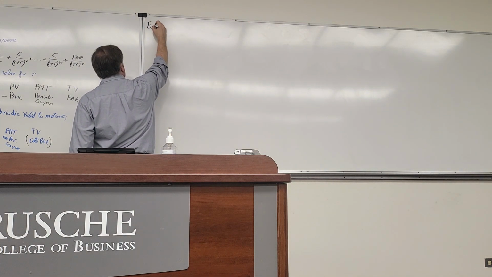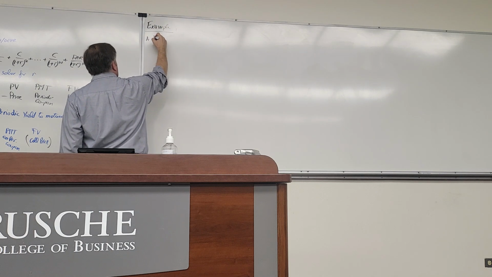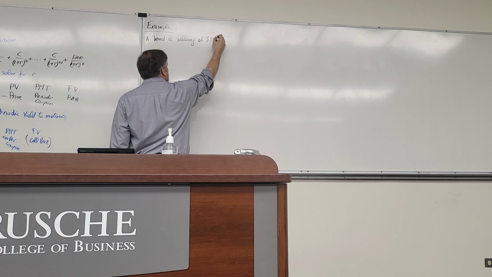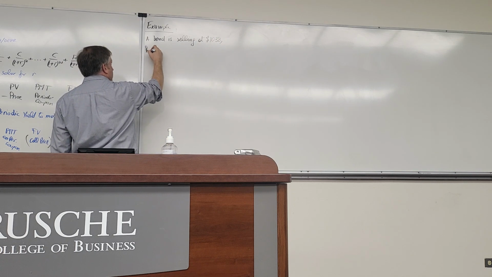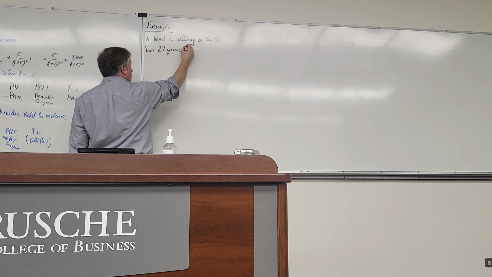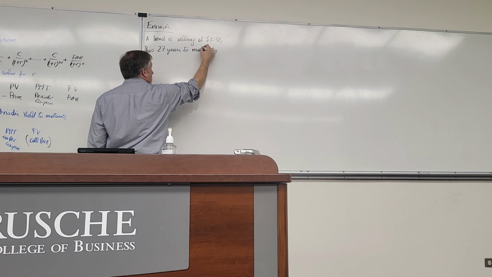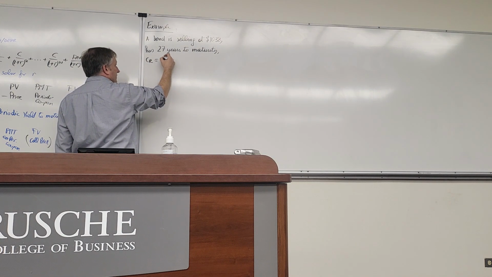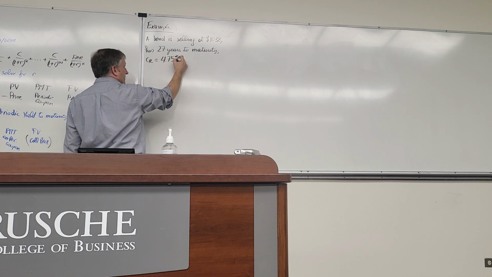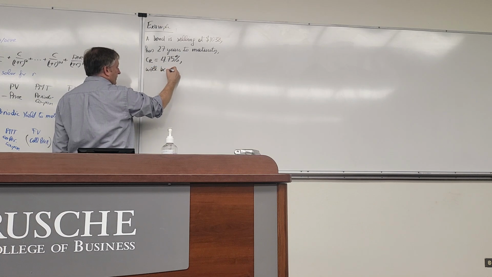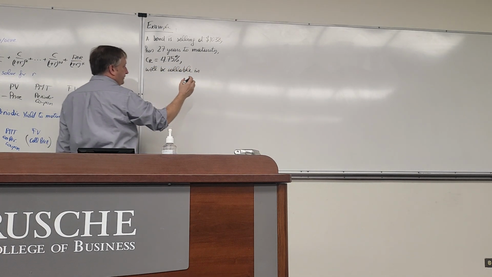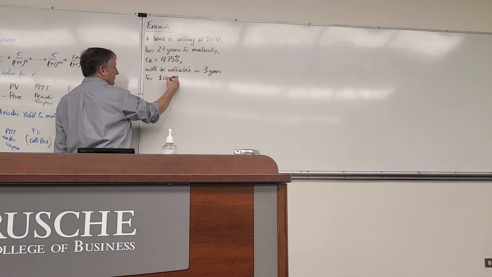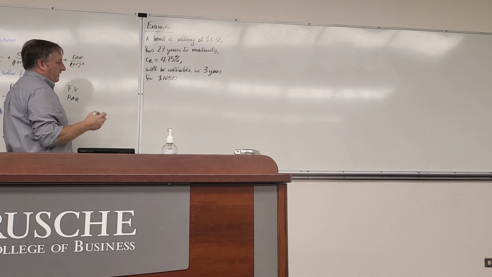Example: a bond is selling at $1,038, has 27 years maturity, coupon rate of 4.75%, will be callable in 3 years for $1,050.